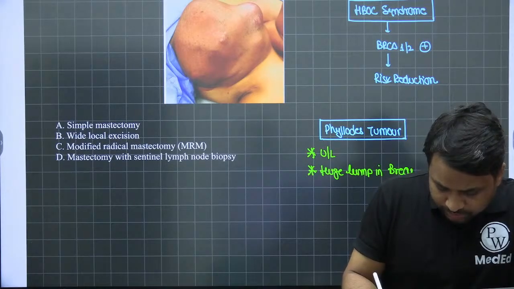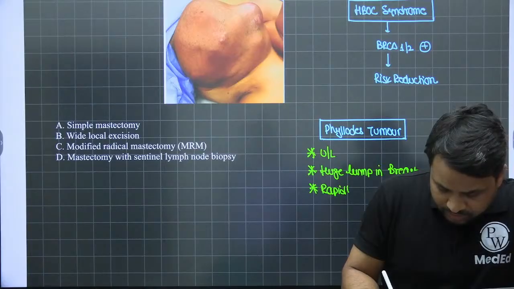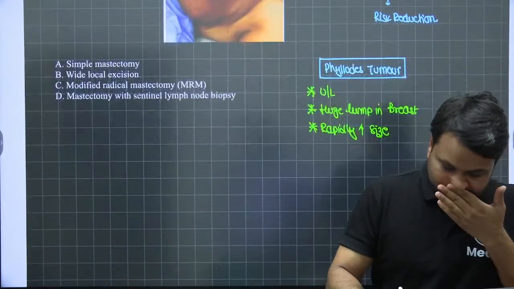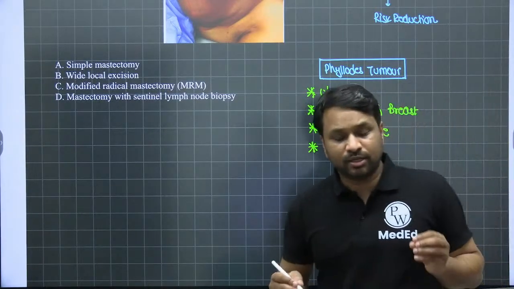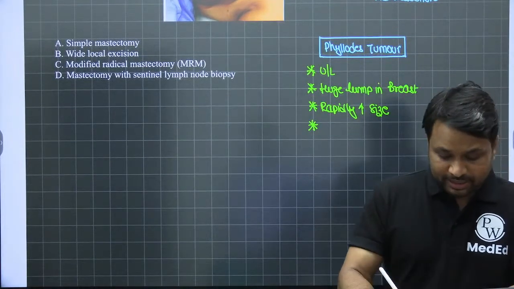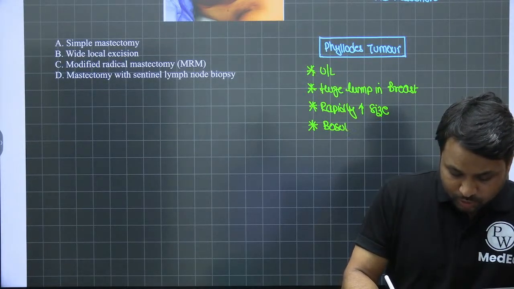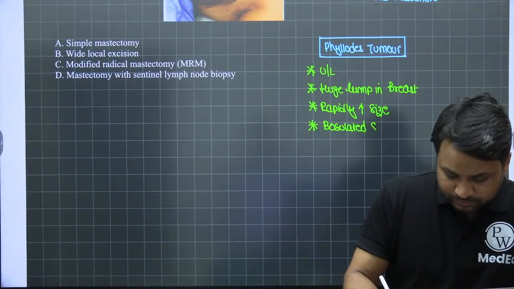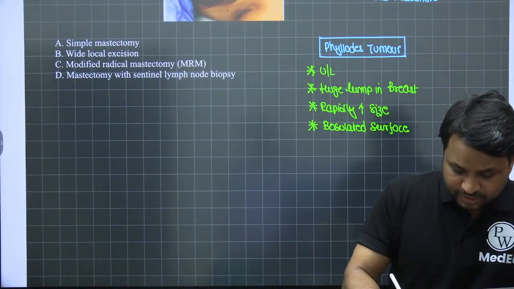This huge lump in breast will also be rapidly increasing in size. It's unilateral, a huge lump in breast, rapidly increasing in size. It has got a multinodular surface, which is called the bossulated surface.